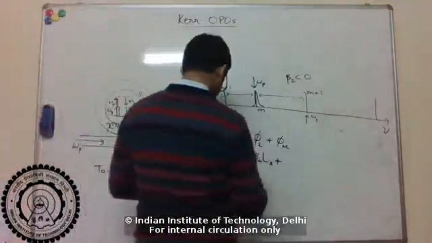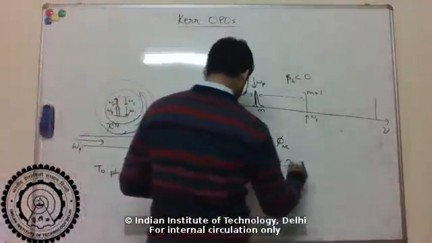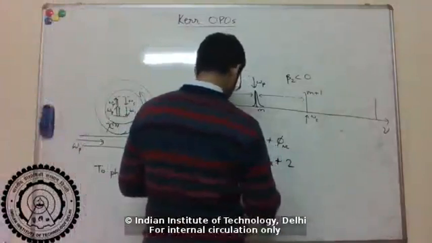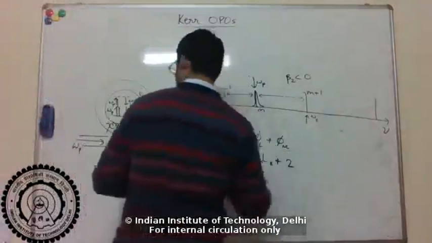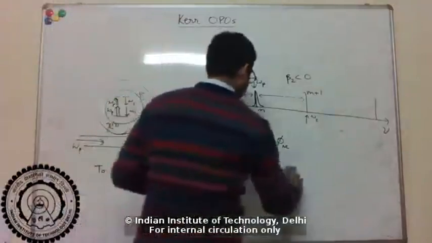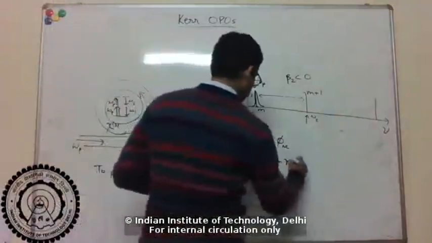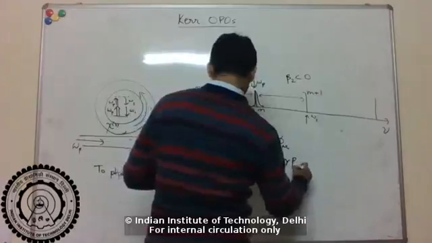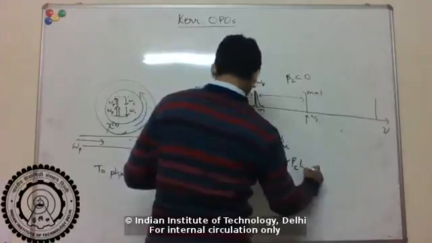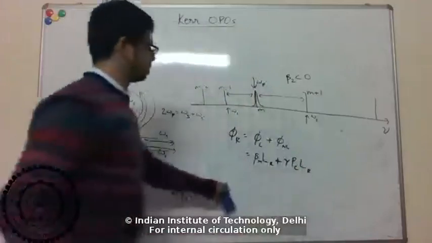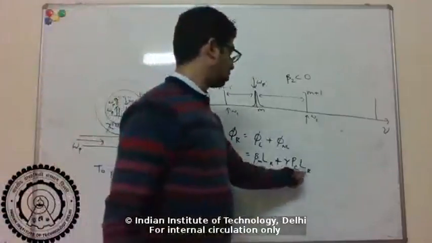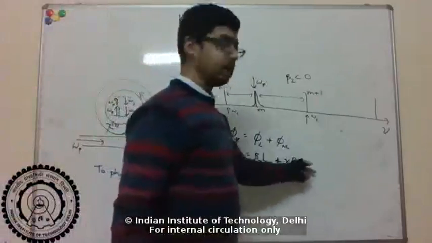So we'll have a phase shift due to self-phase modulation, which will be gamma PL. Recall the nonlinear phase shift: the self-phase modulation phase shift was gamma PL.